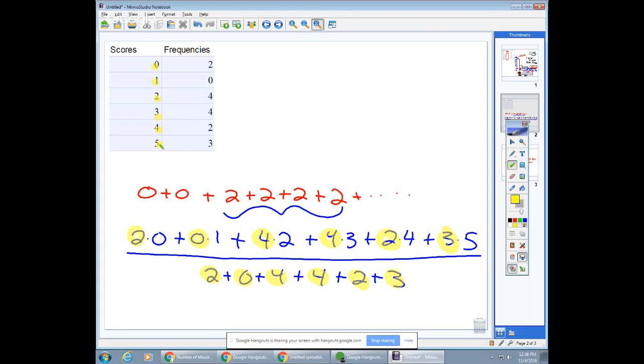Okay. So before I have the spreadsheet do it, whip out your calculators, calculate this weighted average for me.